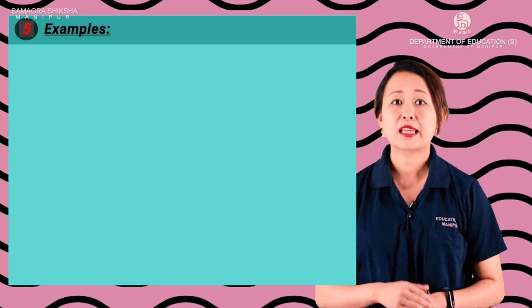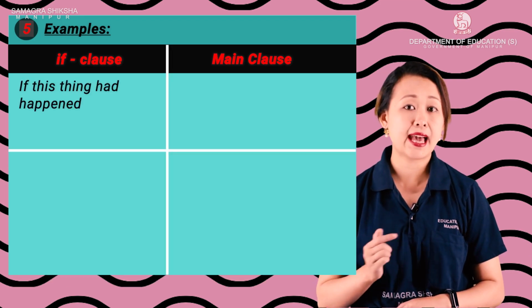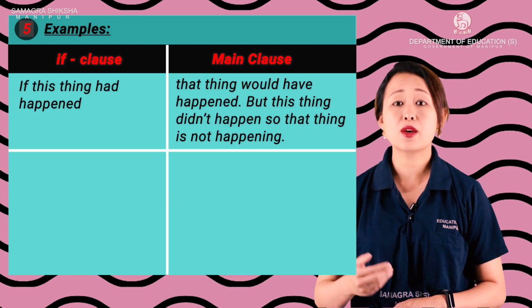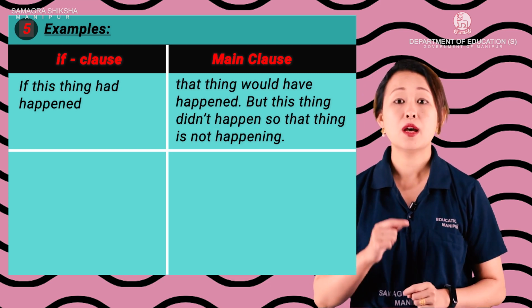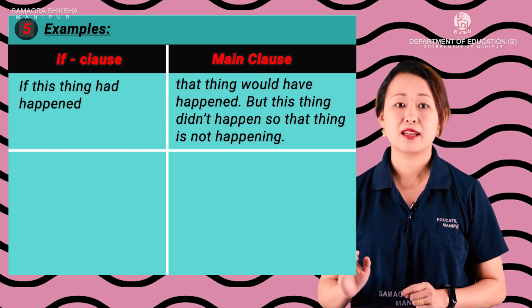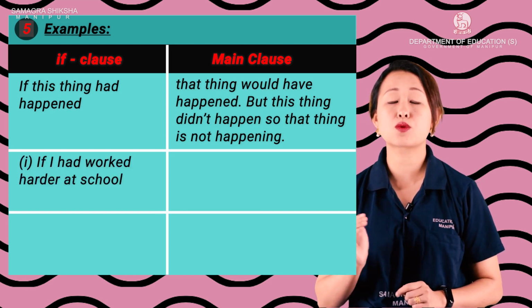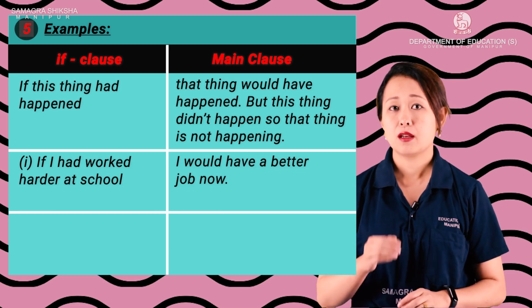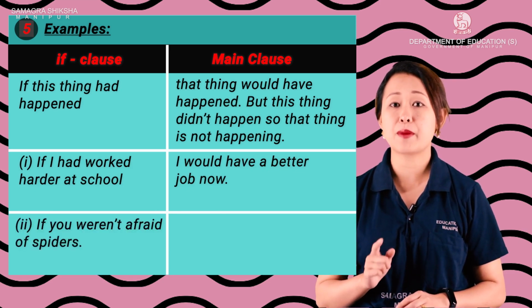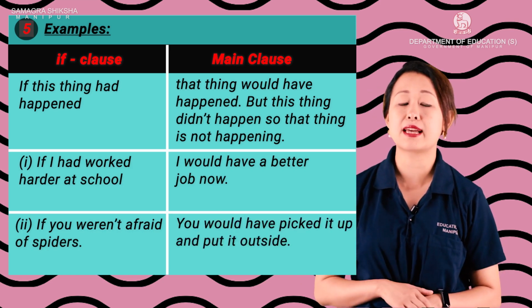Number 5. Let us look here. The if clause and the main clause. If this thing had happened, that thing would happen, but this thing didn't happen, so that thing is not happening. Look at example. If I had worked harder at school, I would have a better job now. If you weren't afraid of spiders, you would have picked it up and put it outside.